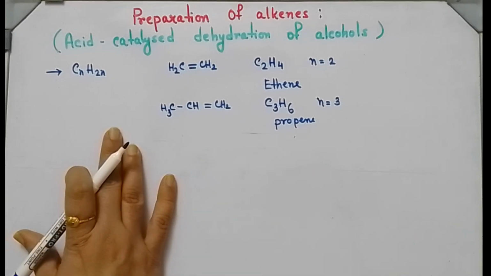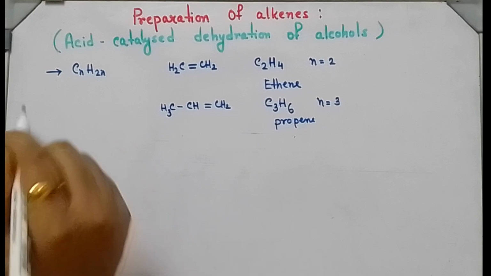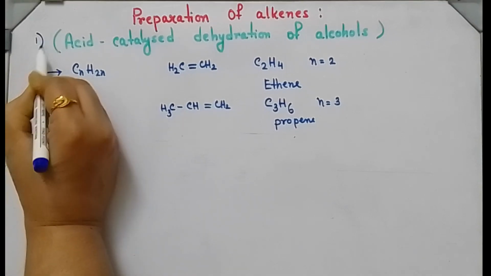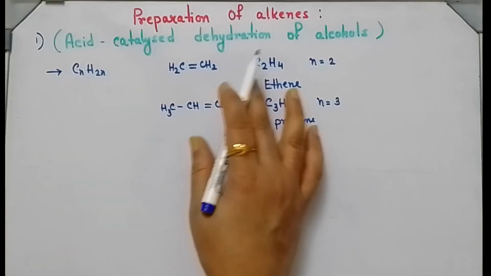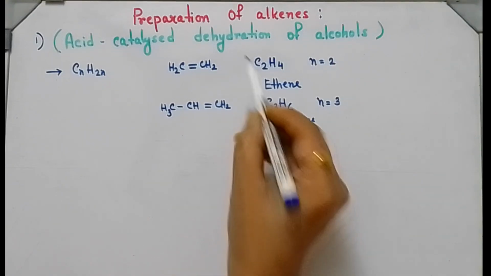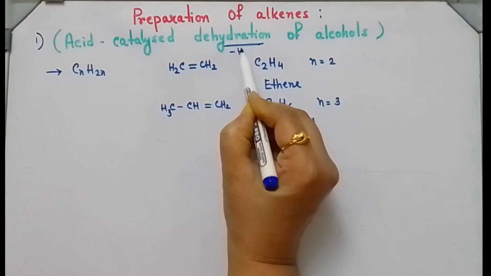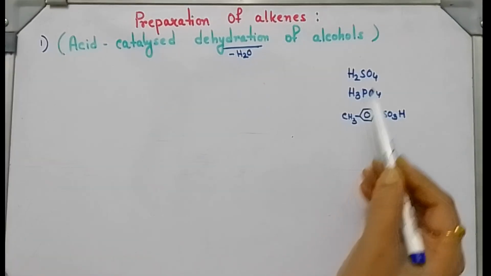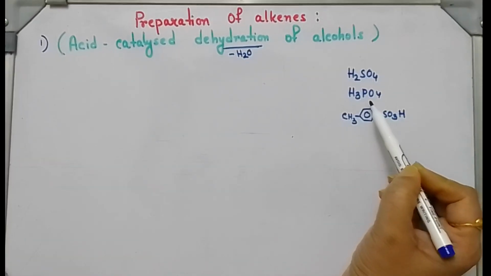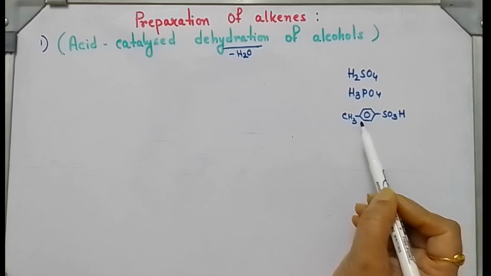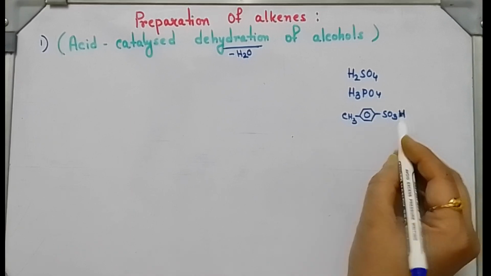Under general methods of preparation, the first method is acid catalyzed dehydration of alcohols. What is dehydration? Dehydration means removal of water. Now see sulfuric acid, phosphoric acid, and para-toluene sulfonic acid.